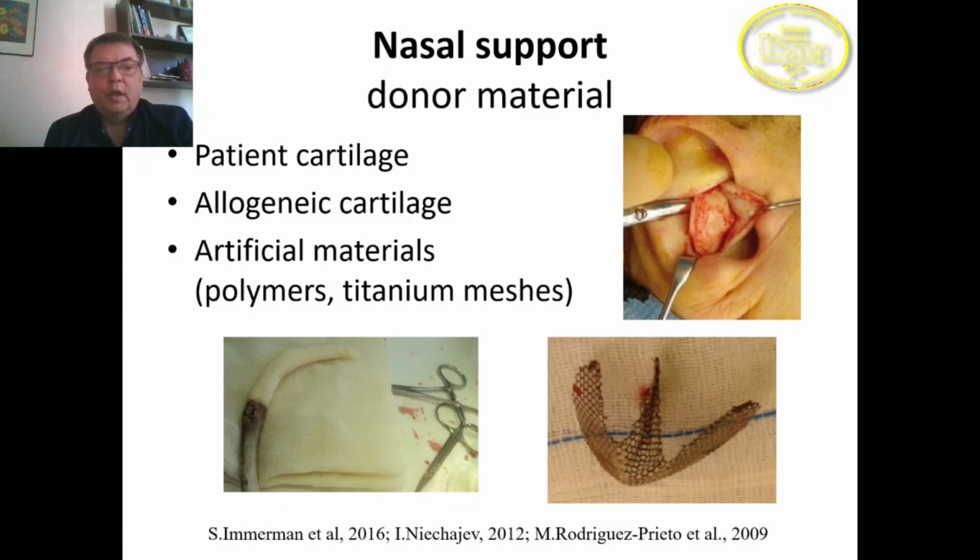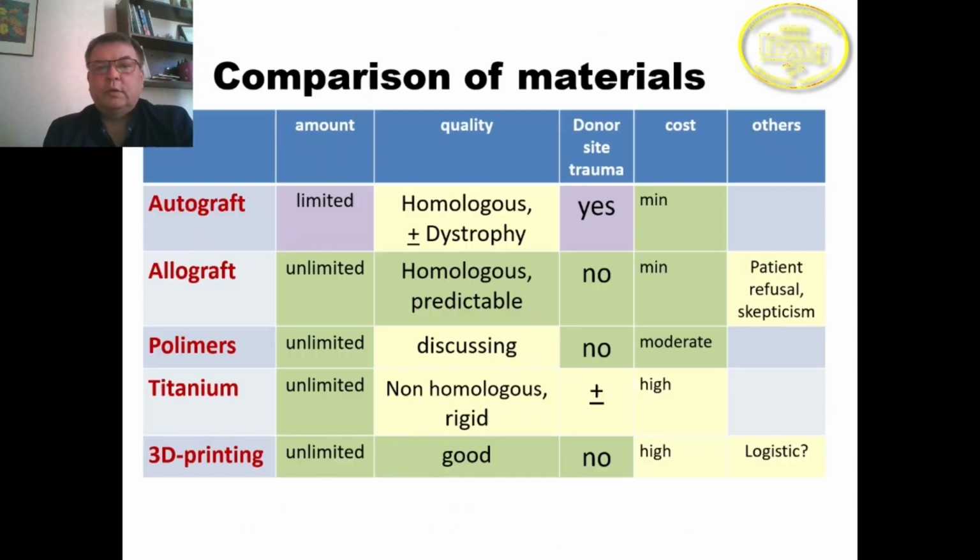support structures. Cartilage grafts from the patient's body, ear or rib, cadaver cartilage, and artificial meshes are traditional materials to create nasal support. All materials are characterized by some advantages and disadvantages. For example, autologous cartilage size is limited. Dystrophic changes of cartilage can be present in elderly patients. Harvest of autologous material is associated with significant additional trauma.